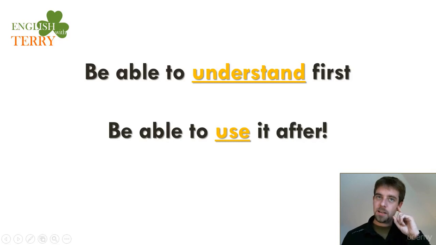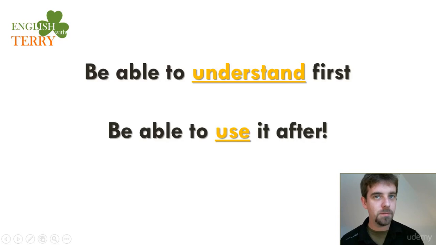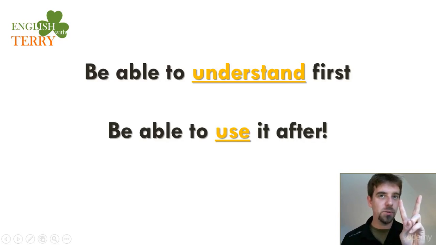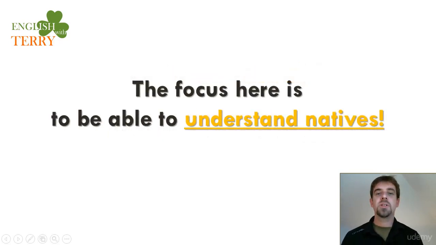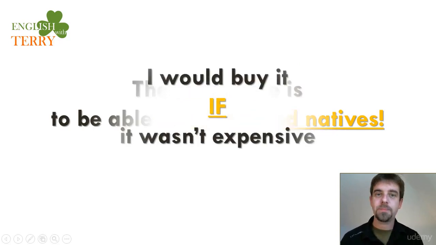If you can understand, you can respond. If you can respond, you can communicate. And then later, with time, you will be able to use it. Two steps: first understand, after use. So remember, the focus here is to be able to understand natives, to not get lost trying to understand.